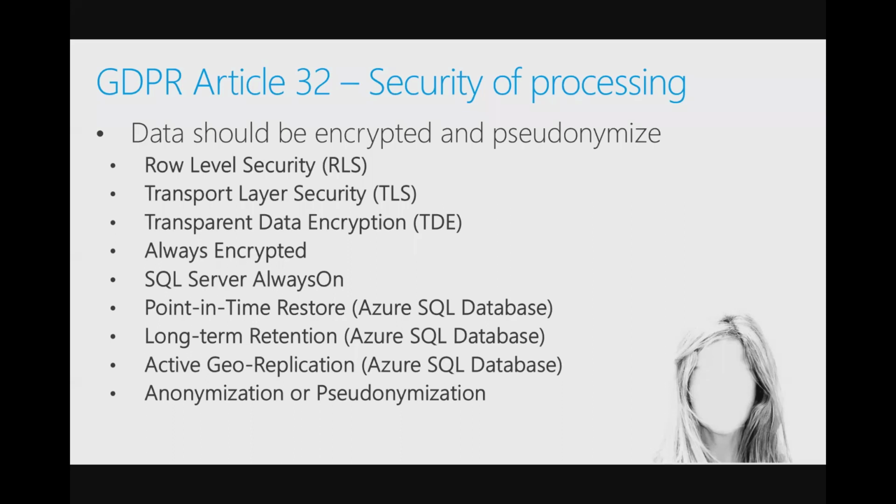You see, there is not anything new in all these features here: robust security, TLS, TDE, Always Encrypted, SQL Server Always On, point-in-time restore, active replication are simply features that have existed in SQL Server for the last five or even more years. But they can be used to implement the security of the processing to ensure the privacy of the user.